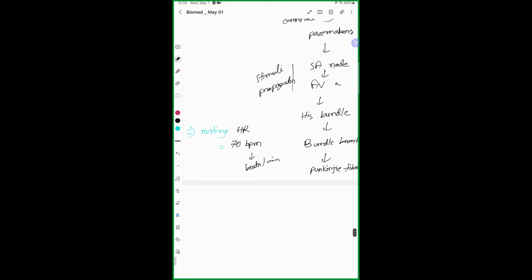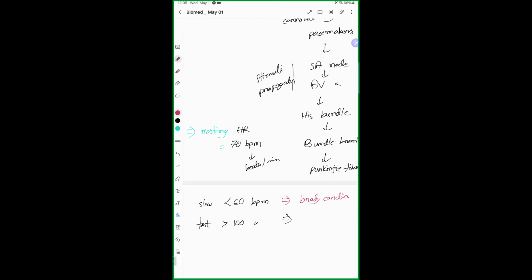Now, if it is slower, less than 60 BPM, that refers to a condition called bradycardia. This is one of the abnormalities of the heart. If it is faster than 100 BPM, that is tachycardia. These are things of the resting heart rate.